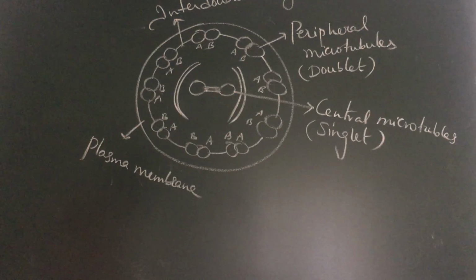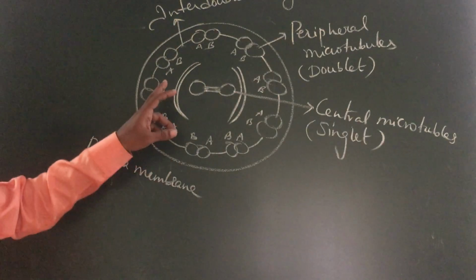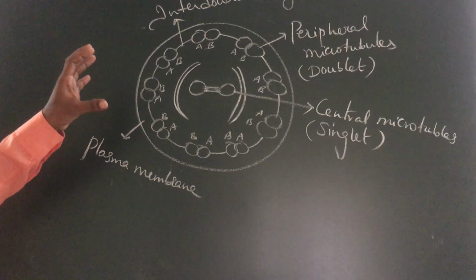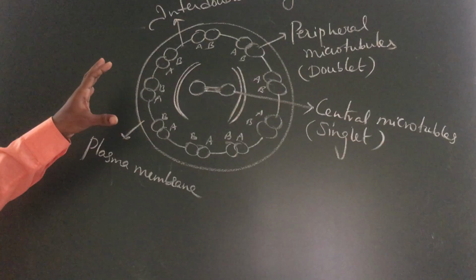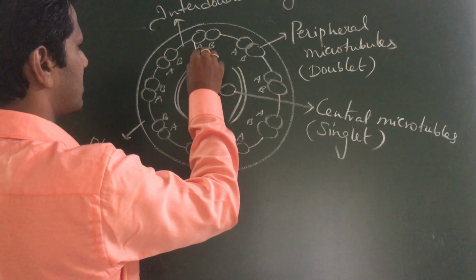And we see the spoke-like structures. To the central microtubule, if you see, from the A microtubule there will be projections to the center.